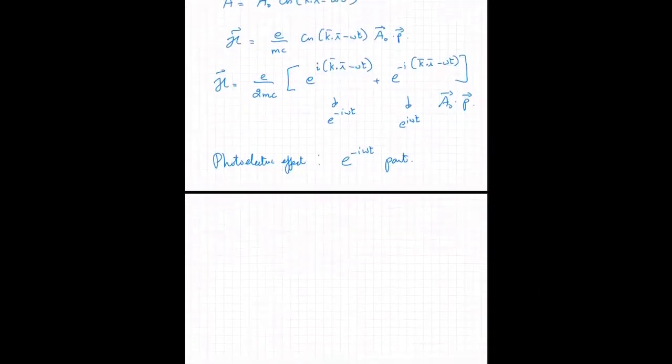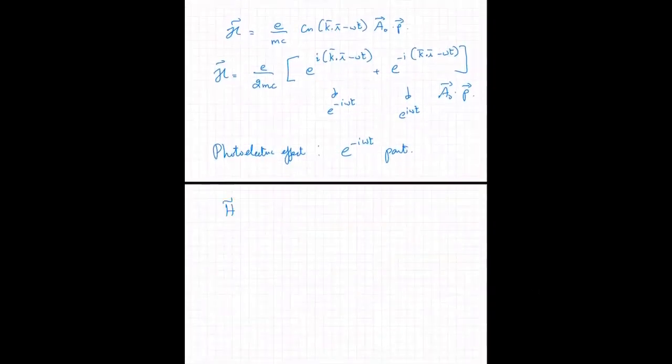So I can now set up my perturbation theory using the Hamiltonian H tilde of t, which is equal to e over 2mc. I will neglect the second piece because I'm not interested in the effects of e to the plus i omega t right now. So this is e to the i k dot r times A0 dot p e to the minus i omega t.